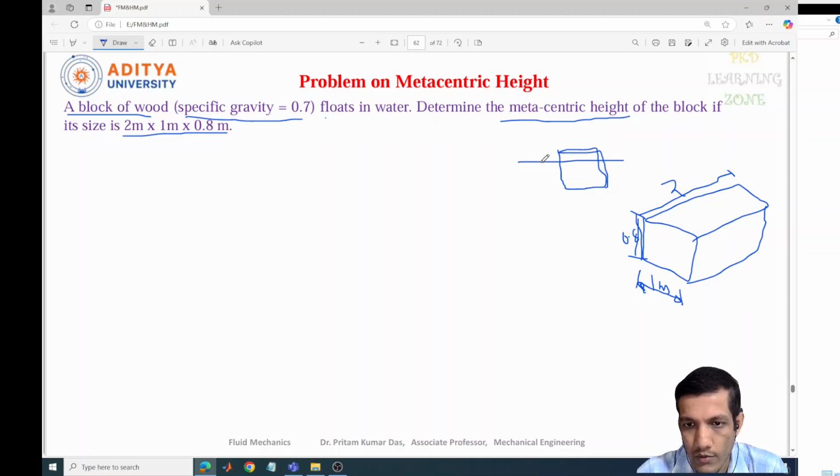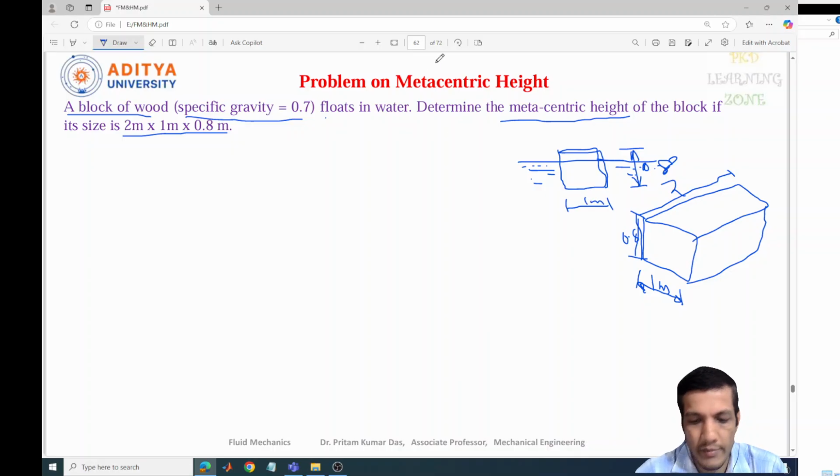Now let's draw the water surface like this. The height of this object is 0.8, and the width of this object is 1 meter.